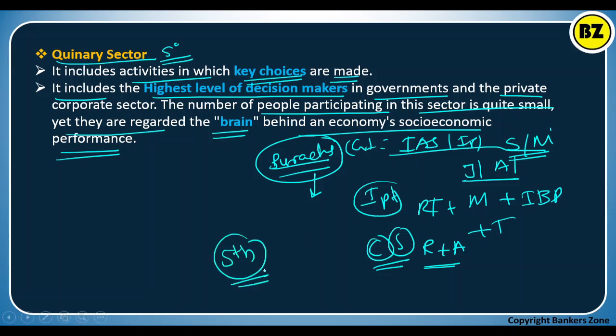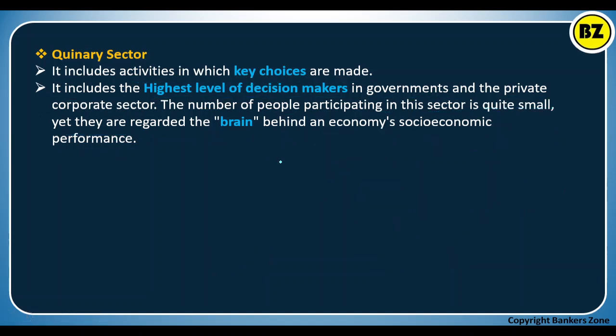So remember, I will repeat all the sectors. The primary sector is simply agriculture, where we produce raw material, for example, sugar cane. The secondary sector produces the product from the primary sector, for example, industries. The tertiary sector is mainly services.